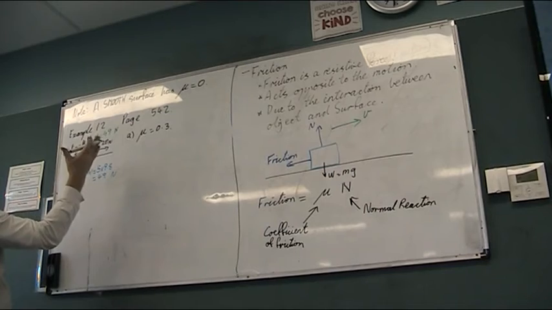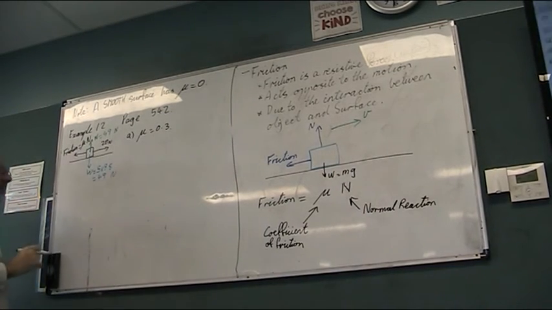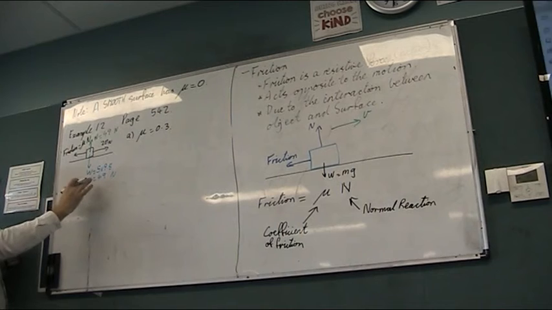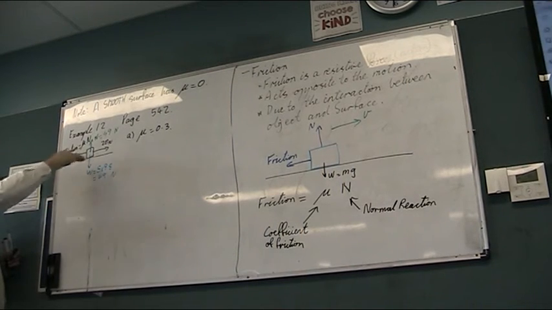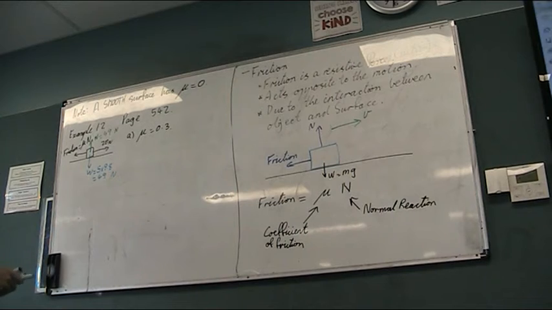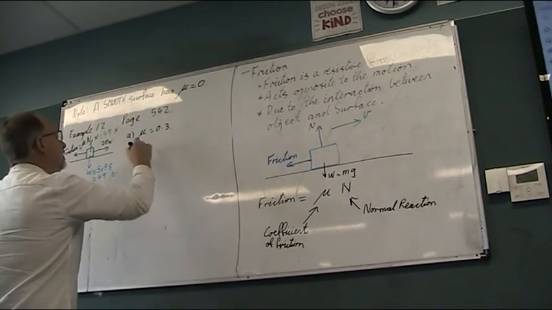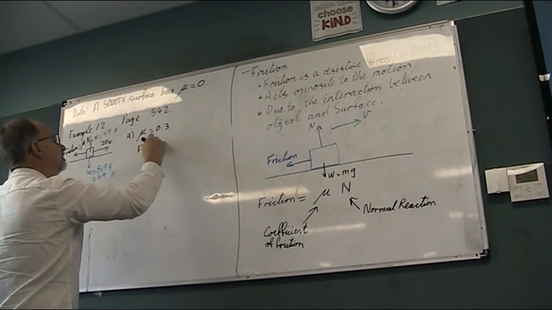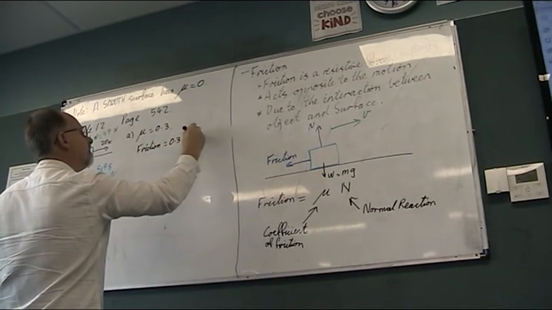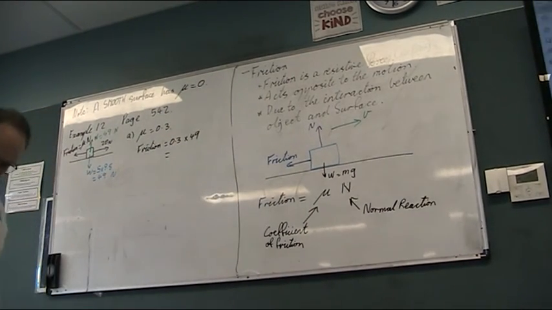If it was on a slope, which we'll get to, the normal reaction won't be the same as the weight force, but for horizontal, they are the same. So what do we know then? The friction is 0.3 times 49, and 0.3 of 49 is 14.7 apparently.